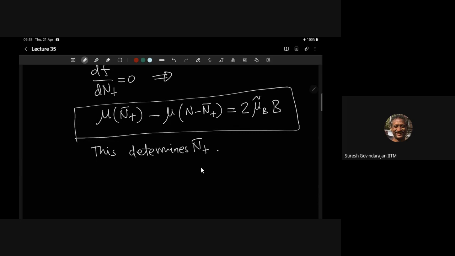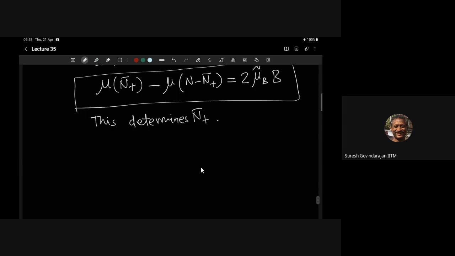Let me just summarize what we will do. We know some things, at least at low temperature. For a Fermi gas, we have actually computed mu.